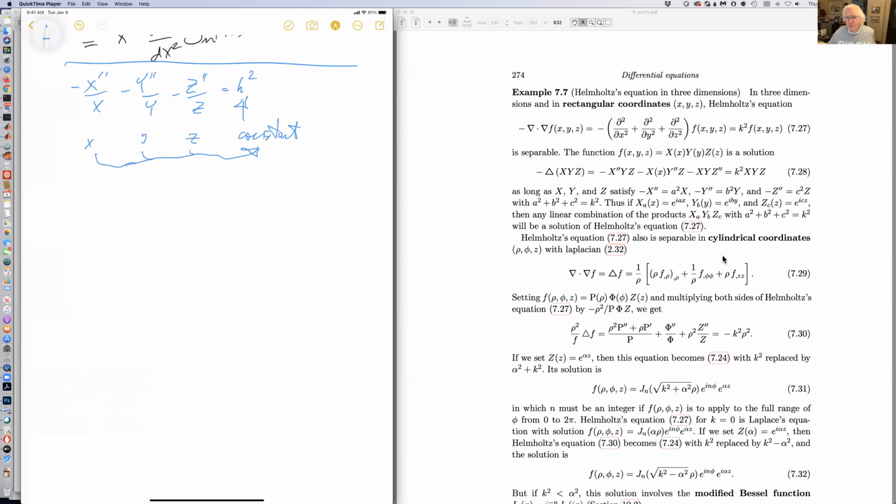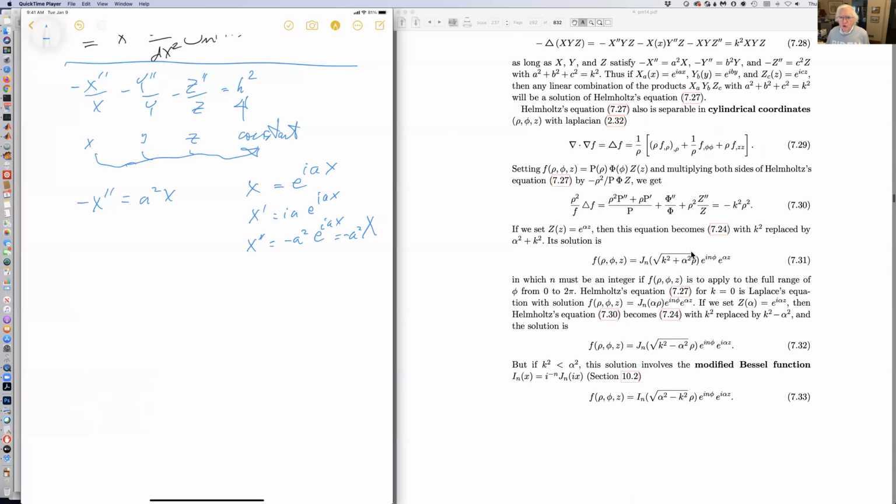And so then we're back to the equation minus x double prime equals a squared x. And so the natural solution there is e to the i a x. And then you see you differentiate once and you get i a e to the i a x. Differentiate twice, you get minus a squared e to the i a x, which is minus a squared x. Okay, so that's how that works.